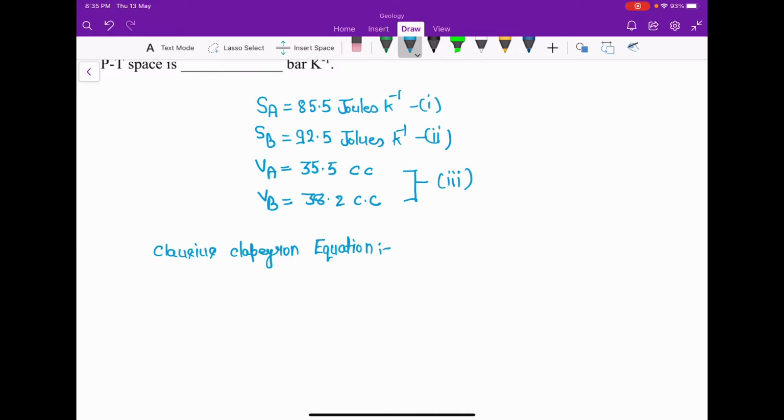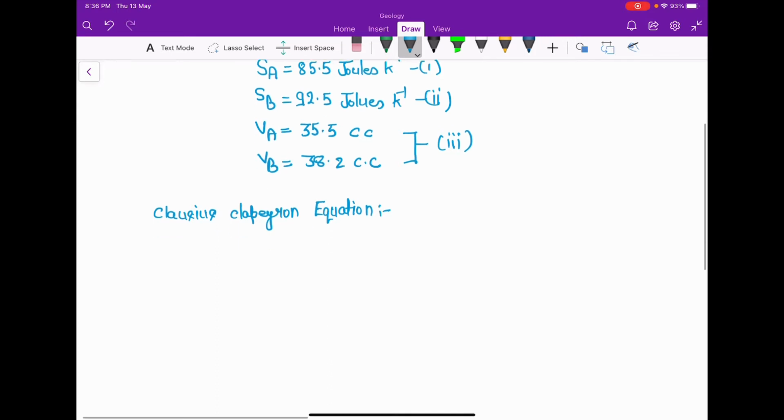Now I'm going to derive the Clausius-Clapeyron equation.